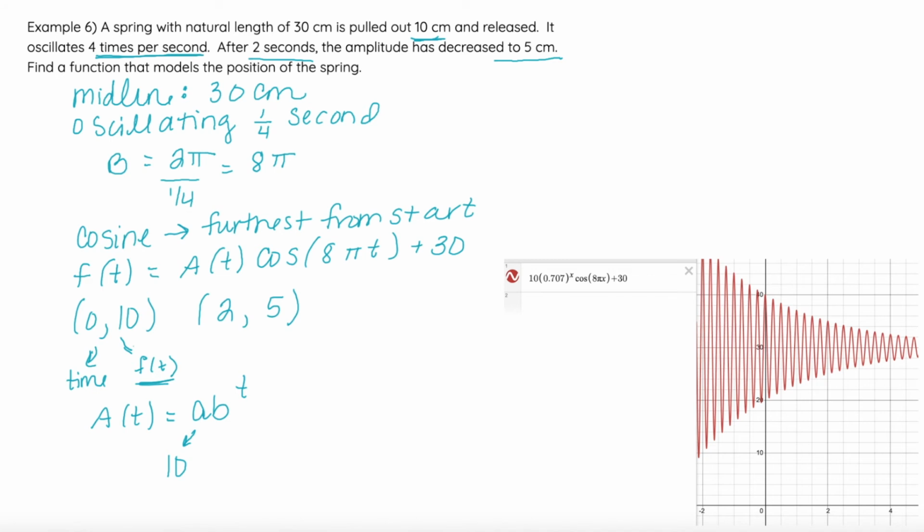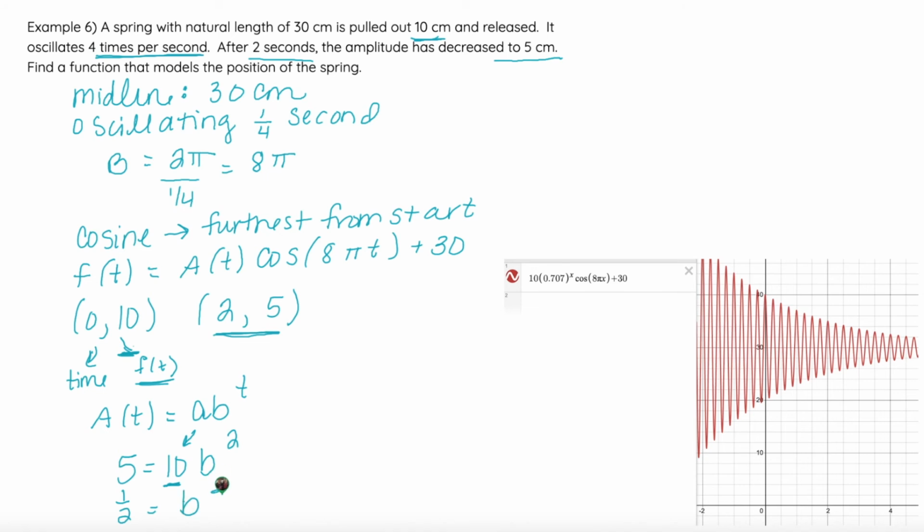I also know that when time is 2, we're now at 5. So we can go ahead and solve this utilizing our initial length, and using what we do know so that we can find what b is equal to. So right now I've got half is equal to b squared.